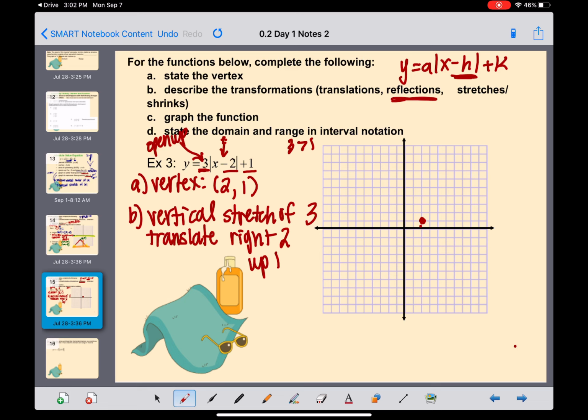It's also going to tell us what our slope is going to be on both sides. So it's opening up, and it's a slope of 3. Rise over run is our slope. So I'm going to go up 3 and over 1. Up 3, over 1. And on the other side, up 3 over 1, up 3 over 1.